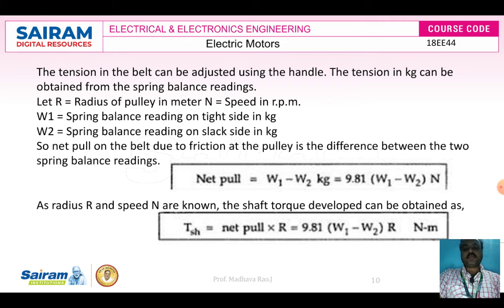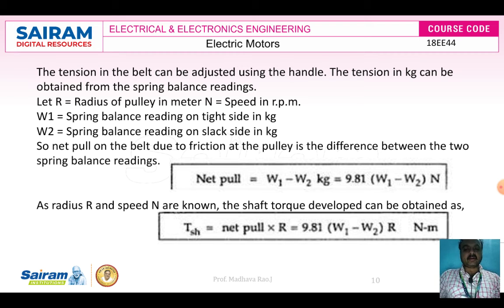The net pull on the belt due to friction at the pulley is the difference between the two spring balance readings. Net pull is equal to (W1 minus W2) kg, which is equal to 9.81 into (W1 minus W2) newtons.